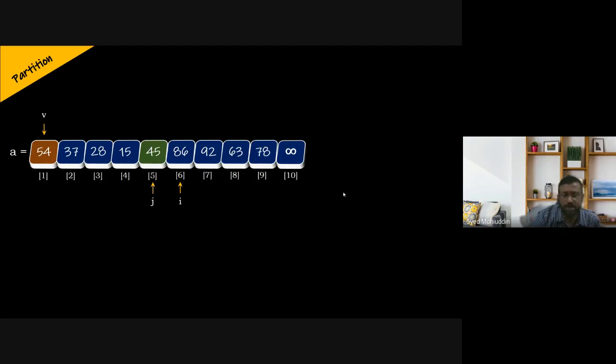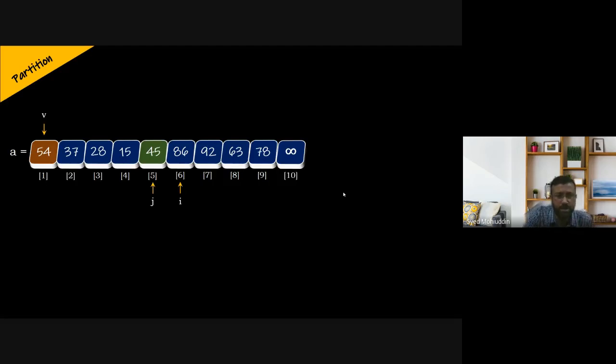At this stage, when i crosses j, we don't have to move i and j further. We actually found the place where the pivot element should be. So i is moved towards right and j is moved towards left until i crosses j, until the i index is greater than the jth index.